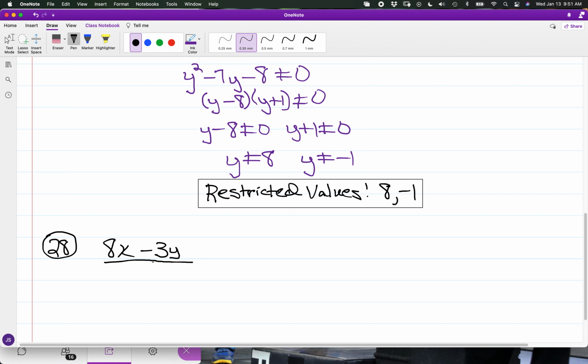And here in 28, we have 8x minus 3y all over x to the third, y to the fourth, times 6x, y to the eighth.